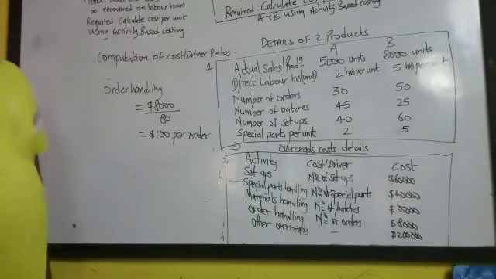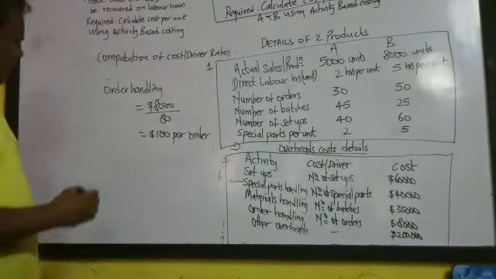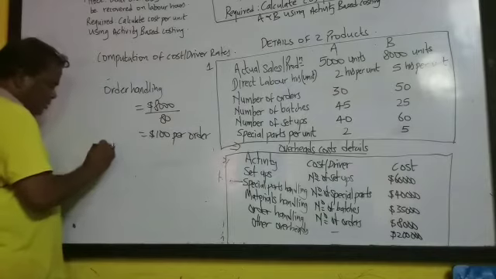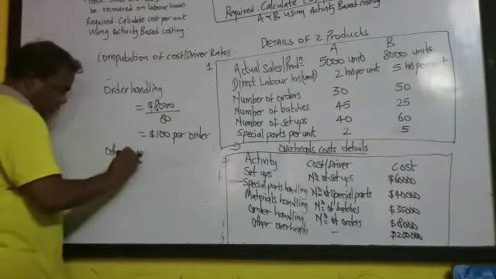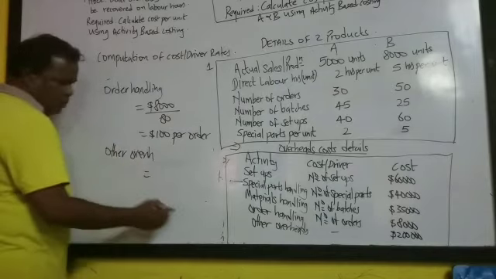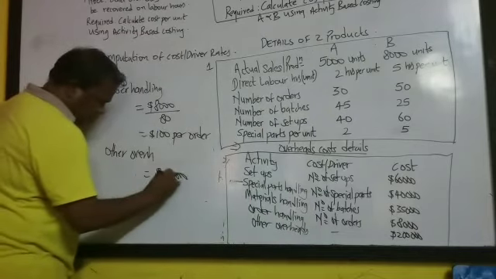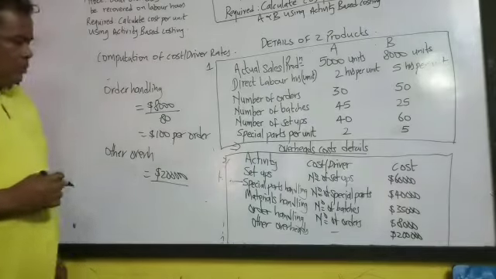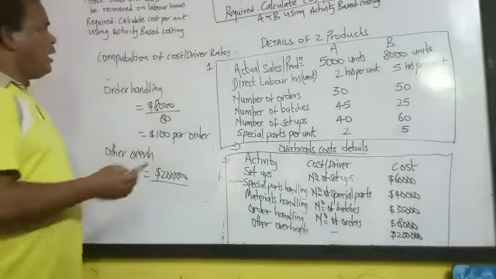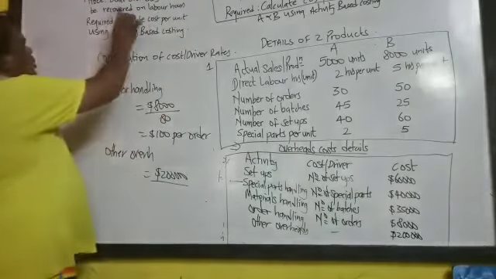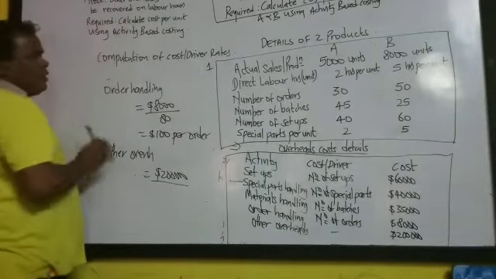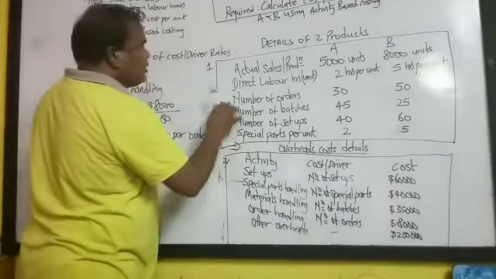And then we have to calculate for other overheads. What is the other overheads? 200,000. Other overheads will be recovered on labor hours. So what are the labor hours?